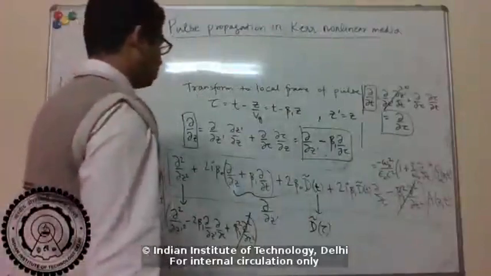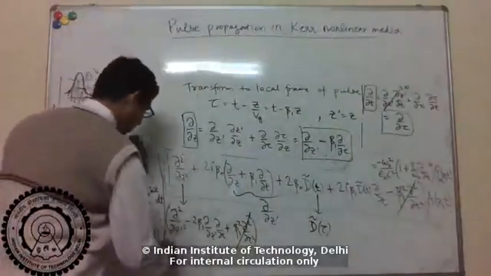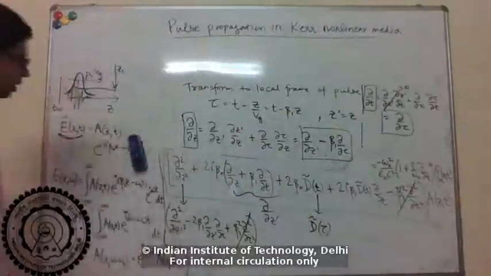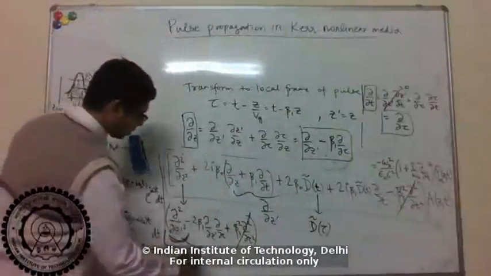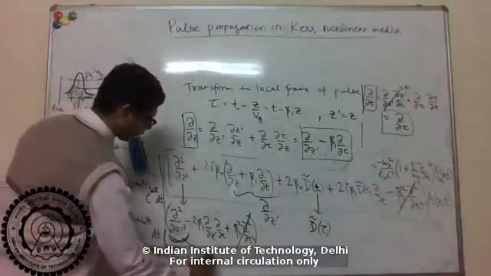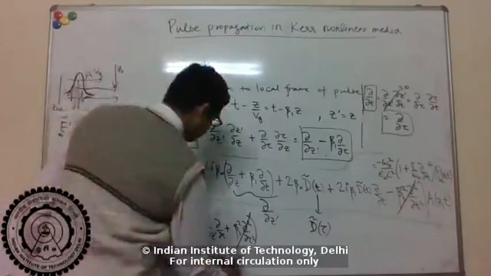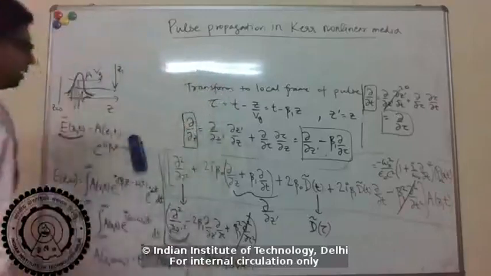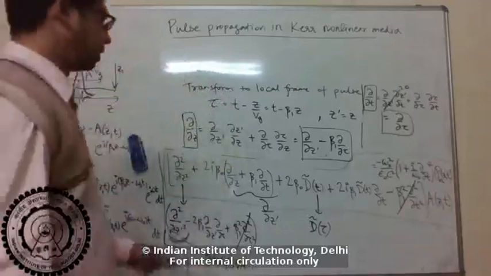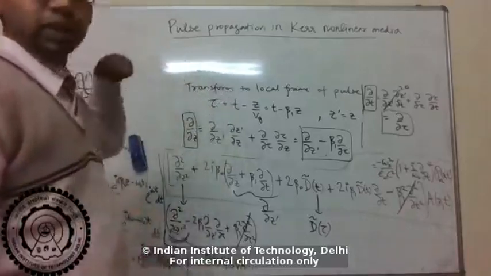And then we make one approximation here, is that the second derivative of z, this we neglect, saying we make the slowly varying envelope approximation, which is the same approximation we did initially when we were deriving the canonical propagation equation.